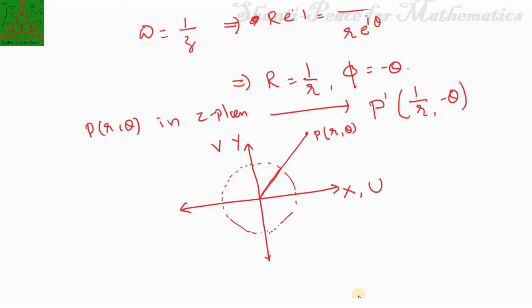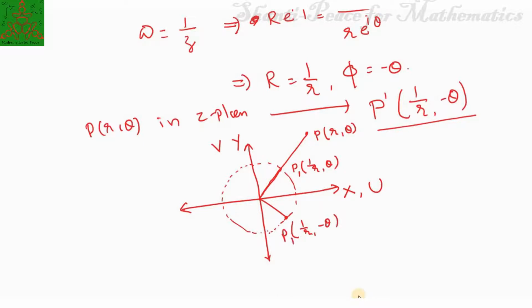So we superimpose the w plane onto the z plane. Now let us plot the point P dash (1/r, −θ). Let us say this is the point (1/r, θ), which we call P1, so minus theta will be here. This value is 1 upon r, minus theta.